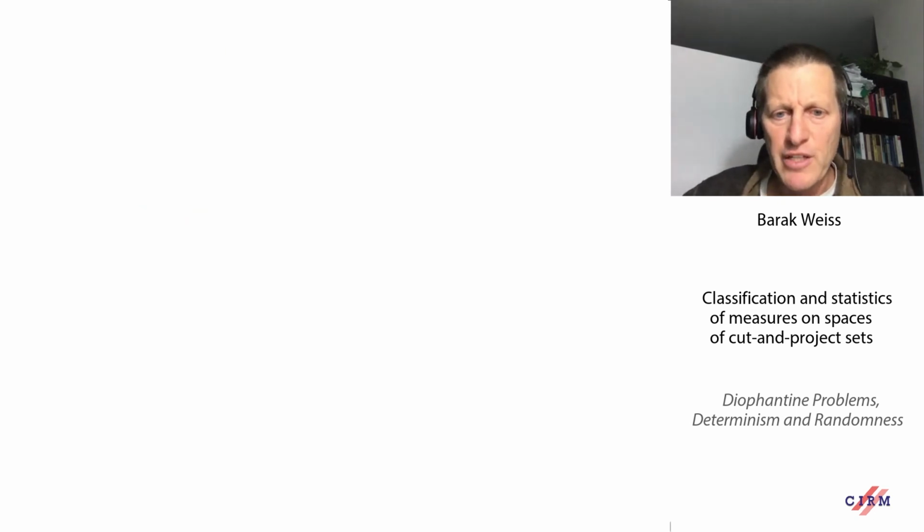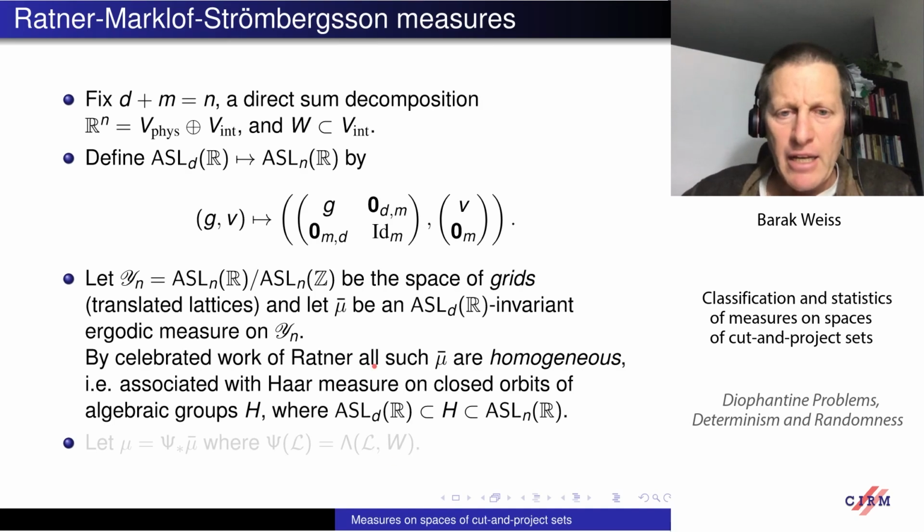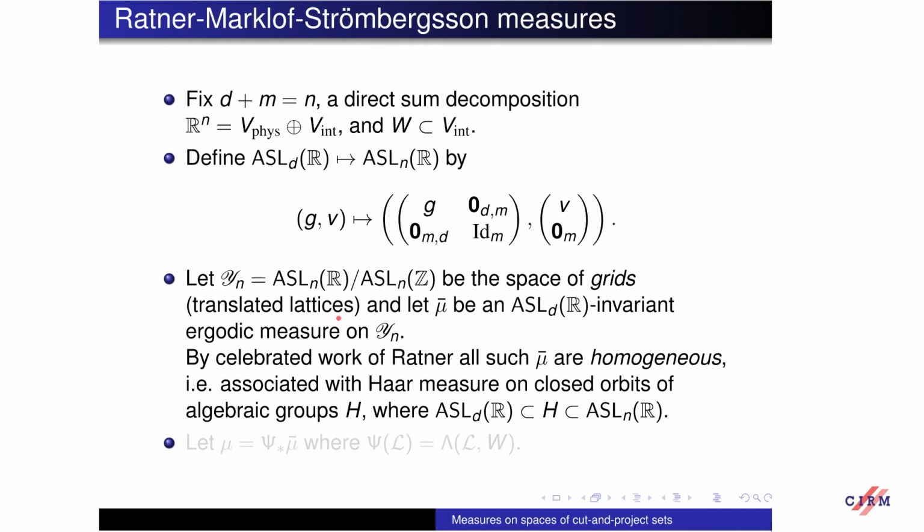Once I've fixed this embedding, I can consider the space of grids. This is a homogeneous space for the group ASLNR. On the space of grids, suppose I could find any probability measure, which I'm going to call mu bar, that was invariant under the ASLD action.